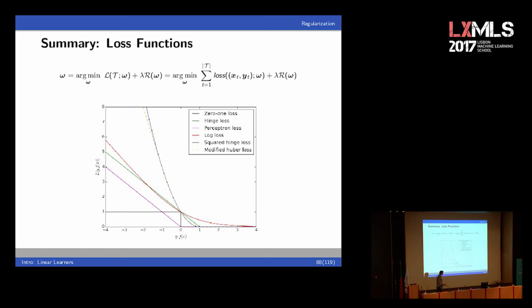So it's not zero and error, but something inside the margin, right? You're doing the right job, but you're not doing the right job good enough. So this is basically a soft margin. Depending on what problem you have, you can set up different loss functions and derive algorithms.